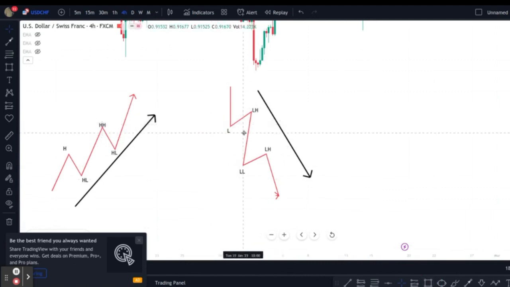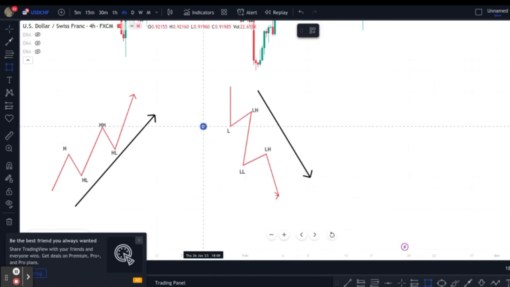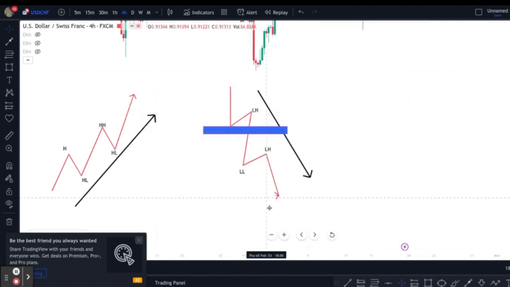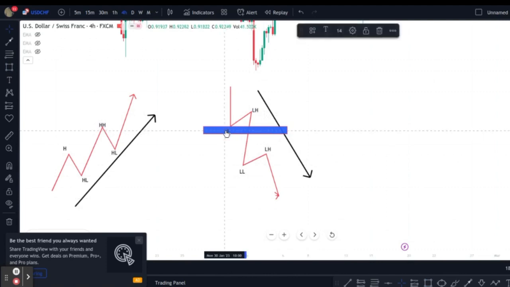So it's possible price comes back to this region before it continues movement.